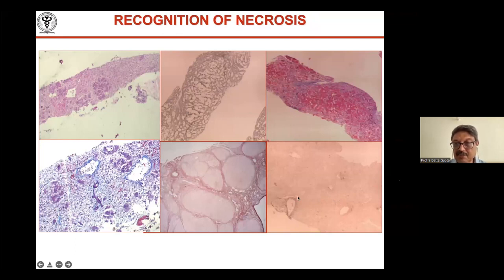Whereas in bridging necrosis, the Orcein stain will be confined to the portal tract. It will not stain the necrotic area. In fact, Shikata was staining these necrotic areas when he by chance discovered that they also stain hepatitis B surface antigen. So this is a good stain to distinguish bridging necrosis from cirrhosis.